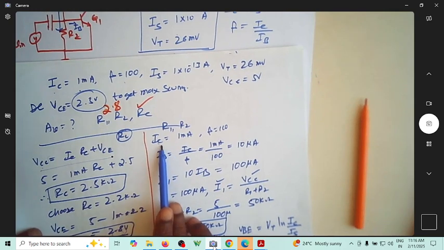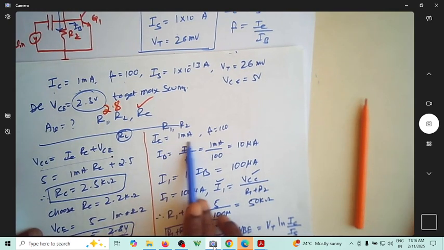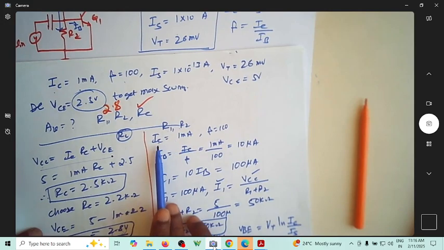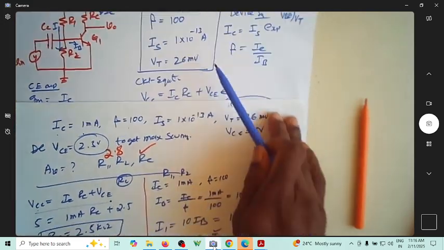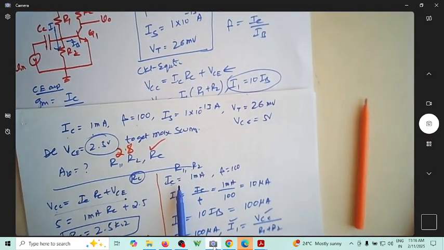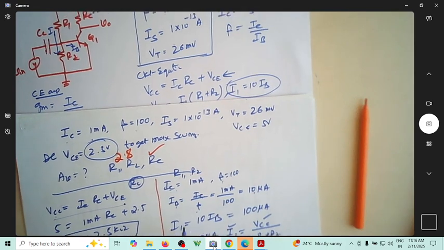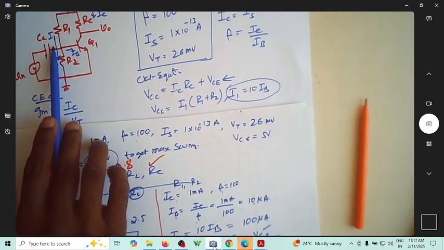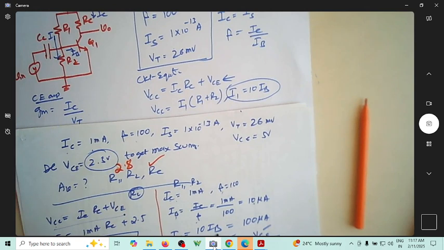So now what is the equation to find R1 and R2? We know the values of IC and beta. We know the expression for base current, which is IC by beta, which is 10 microampere. We also know the relation between I1 and IB, which is that 10 times IB is I1, and I1 is related to R1, R2 and VCC by this.